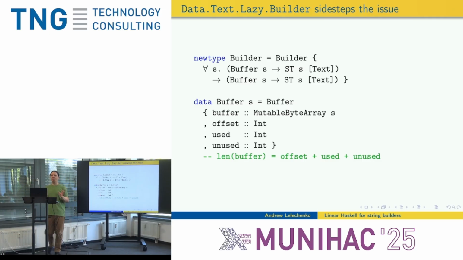Everything has already been allocated. Then I will just pop out this buffer as a text. I can easily convert it to a text basically by just removing this last field. And allocate a new buffer and put my data into that new buffer and pass it to the continuation.